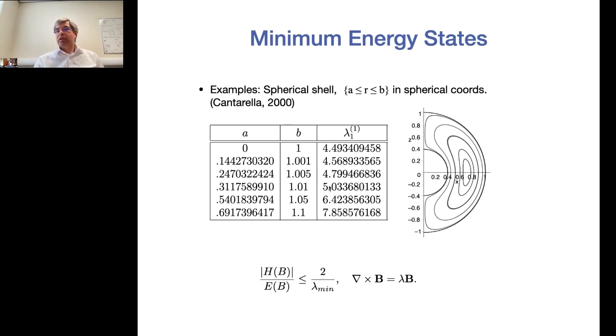And you can see how the lowest eigenvalue increases as you squeeze the magnetic field into a thinner and thinner spherical shell. So more distorted domains require more energy for the same helicity. That's another way of stating the same thing.